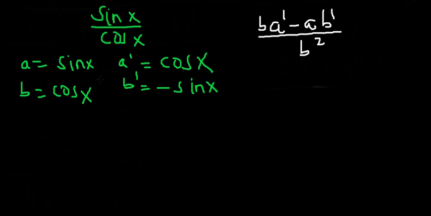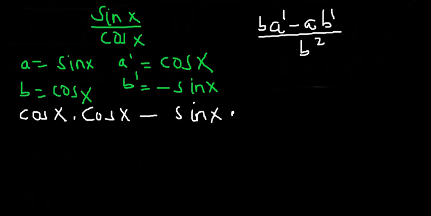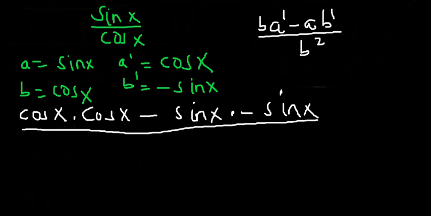So we're going to have b, which is cos x, we multiply by a prime, which is another cos x, and then minus a, which is sine x, and then multiply by b prime, which is also negative sine x, and then all over b squared. B squared will be cosine squared of x.